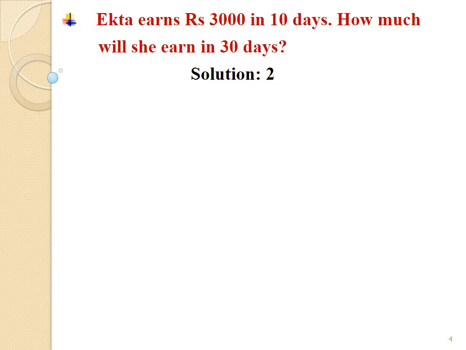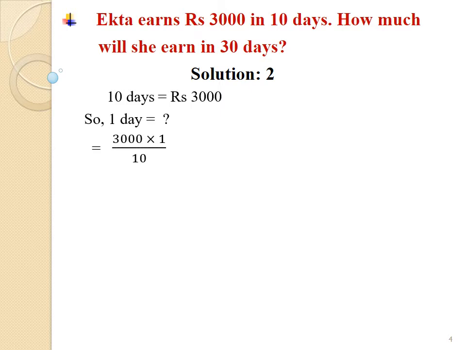Money earned by Ekta in 10 days equals to rupees 3000. So, money earned by Ekta in 1 day equals to how much? By cross multiplying, we get 3000 multiplied by 1 upon 10.